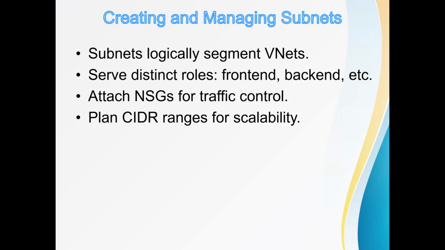Then we need to attach network security groups. NSG stands for network security groups, used for traffic control. Any traffic going between the networks needs to go through network security groups. And we need to plan CIDR ranges for scalability.